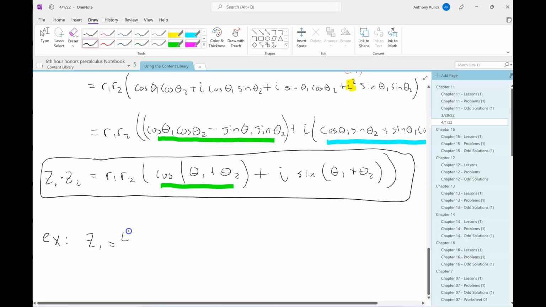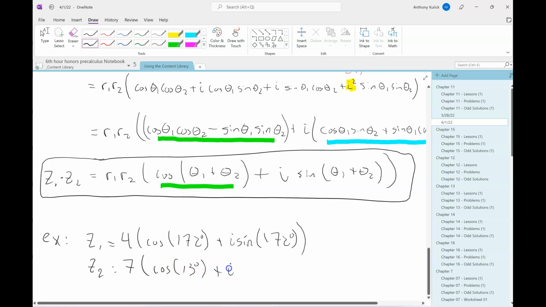So let's say Z1 is 4 times cosine 172 plus I times sine 172, and Z2 is 7 times cosine 13 plus I sine 13.